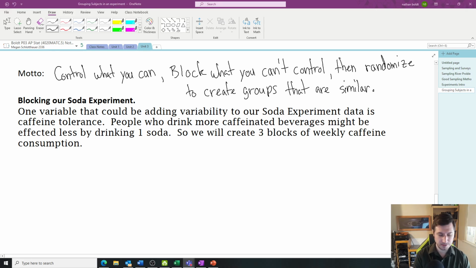Your second option is somewhere between 1 to 3. This includes coffee or soda, anything. And the last one is 4 or more. So there are my 3 blocks. Let me know. How many caffeinated beverages do you drink a week? Coffee, soda, anything. Usually none, 1 to 3, 4 or more.